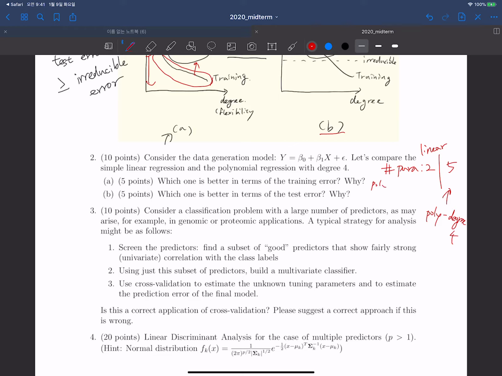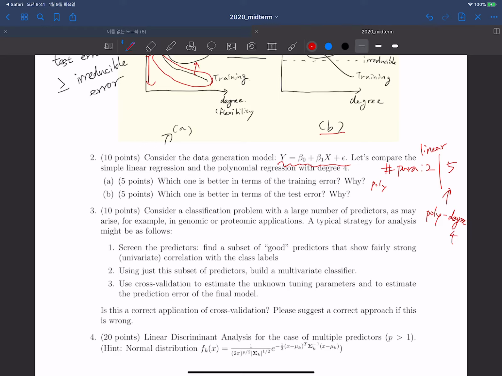This is polynomial. But in terms of the test error, since the ground truth model is a simple linear model, when you increase the flexibility of your model with an increased number of parameters, it decreases the training error, but it also increases the overfitting issue.